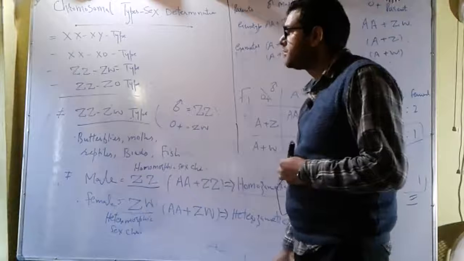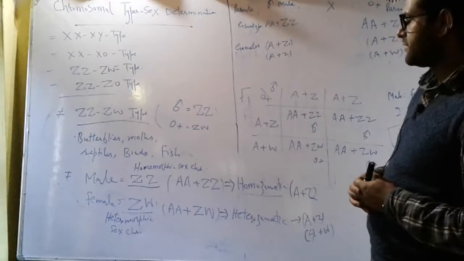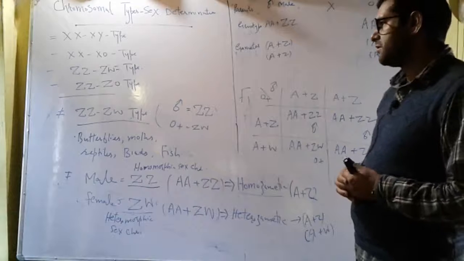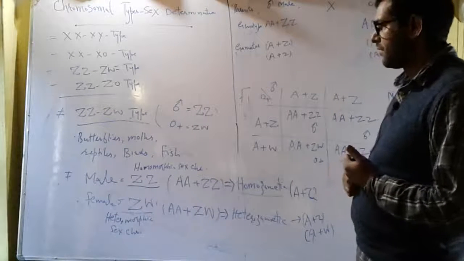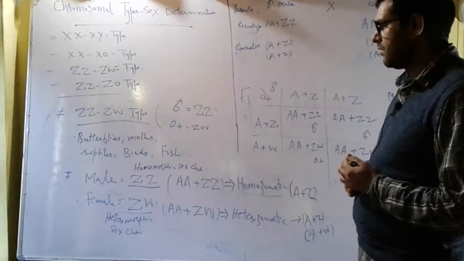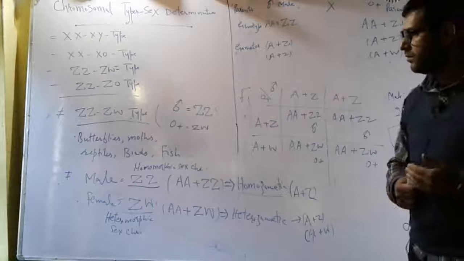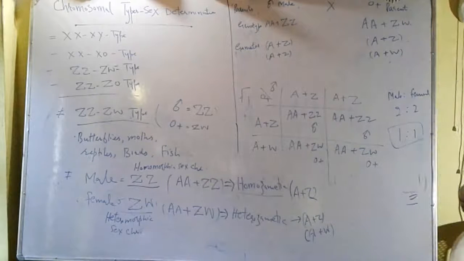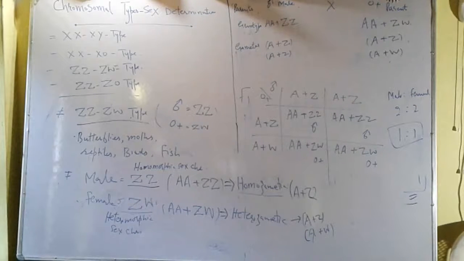Today we talked about the two types of sex determination, XX-X0 type and ZZ-ZW type. In the next lecture, we'll talk about the next type. Thanks.